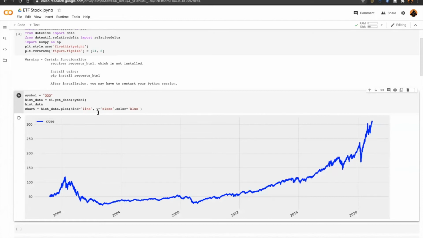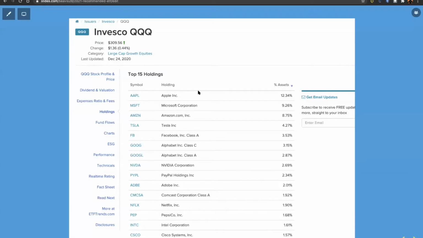We can rely on this because from 2000 or 2004 until now, I think around 2000 was the dot-com bubble, but after 2005 until now, it just keeps growing. So it's a very reliable ETF, which is number 5.